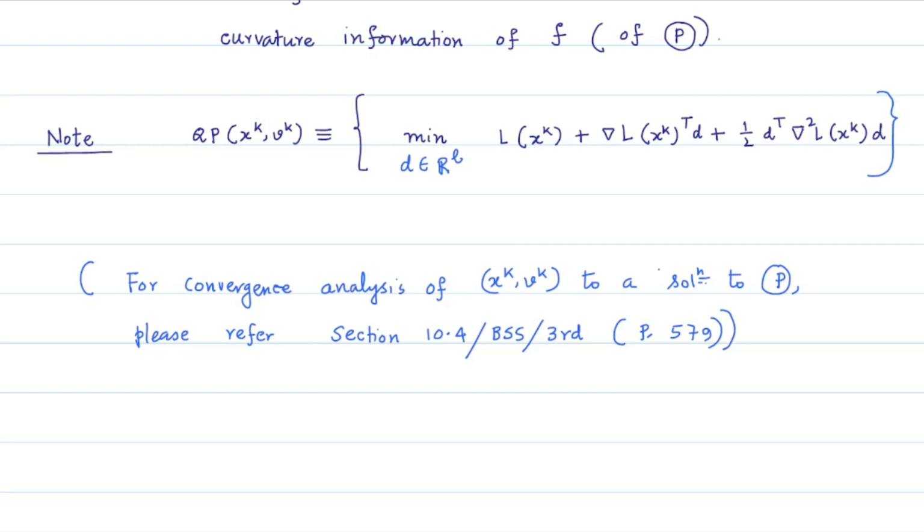So, a principal disadvantage of the sequential quadratic programming approach to solve a constrained optimization problem is that convergence is guaranteed only when the algorithm is initialized sufficiently close to the desirable solution. In practice, this condition is usually difficult to realize.